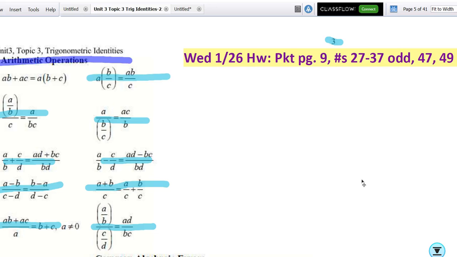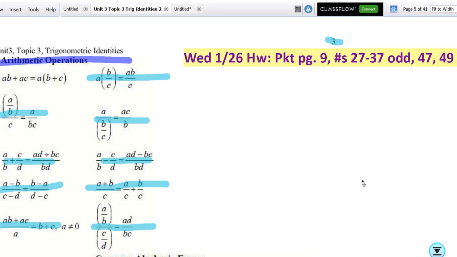I'm starting today's lesson on packet page 3. On packet page 3, there's a whole list of arithmetic operations that we didn't go over in detail. But before I start doing some more of our problems with simplifying our identities, I wanted to point out that the top of page 3 in the packet goes over some of our fraction rules that you may be struggling with for a long time.